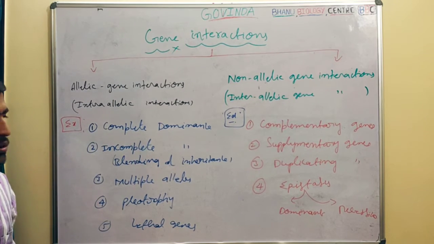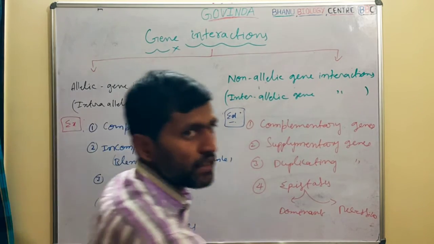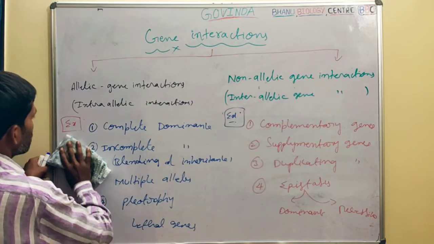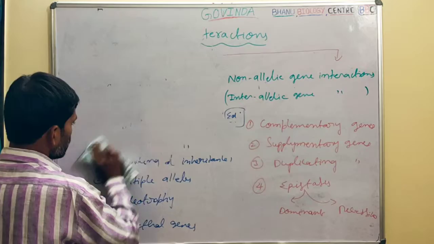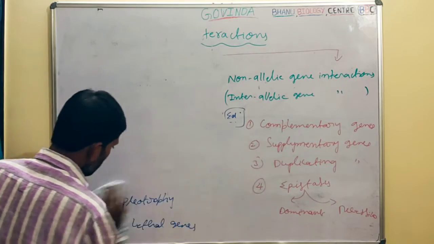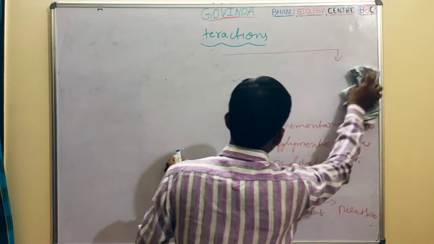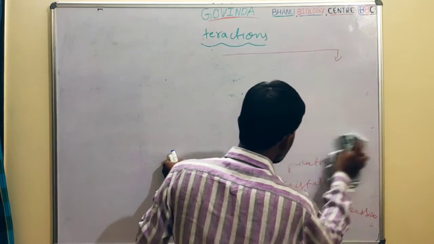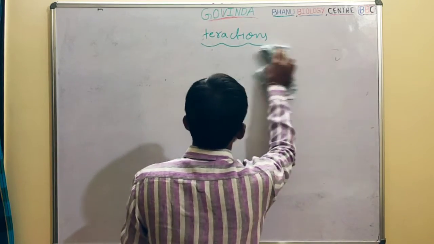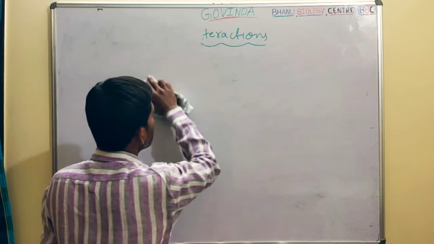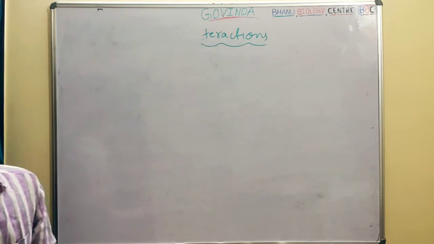Let us discuss each type of gene interaction in detail. First we talk about incomplete dominance. Before that, we need to remember the Mendelian inheritance pattern. There are two alleles of a gene, two copies as a pair of alleles. One is dominant, another is recessive.